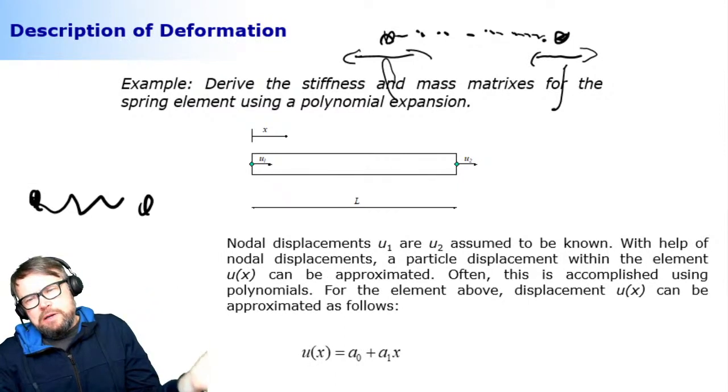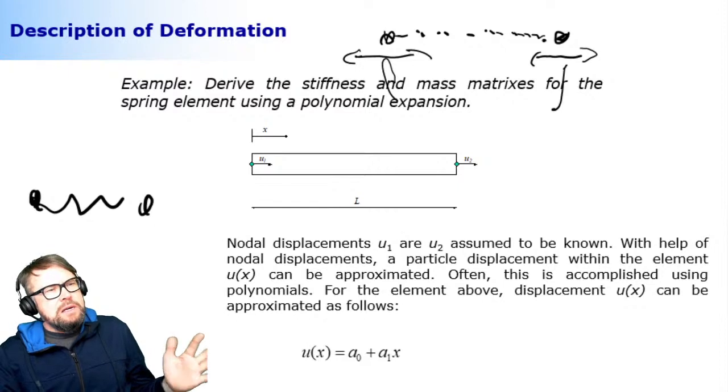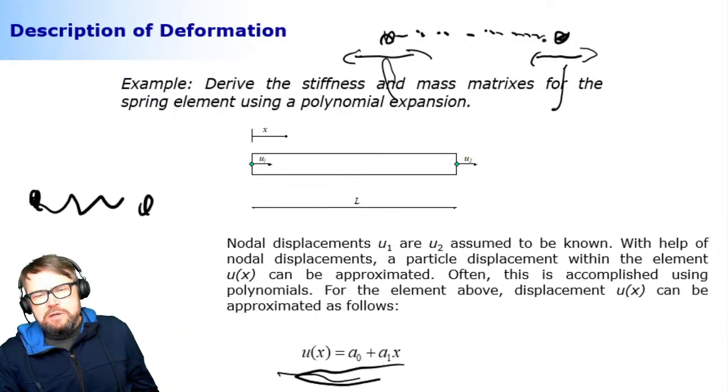Now, if we're going to use a polynomial, we can make a polynomial expansion in such a way that we have two unknowns in our polynomial expansion. And two unknowns will be something very simple, so it would be the one that is shown here.